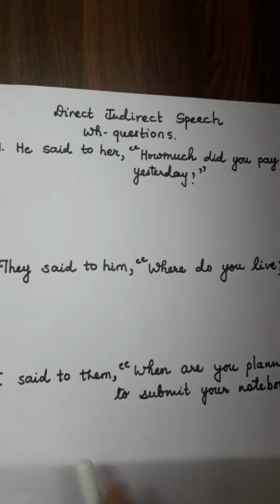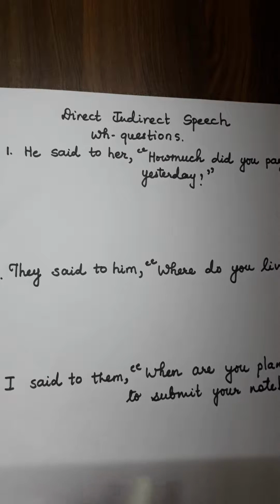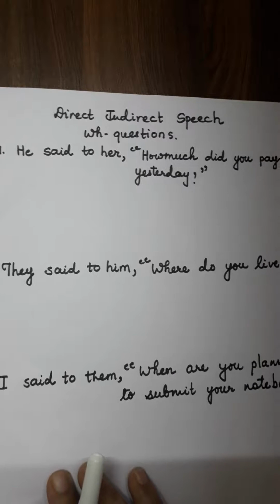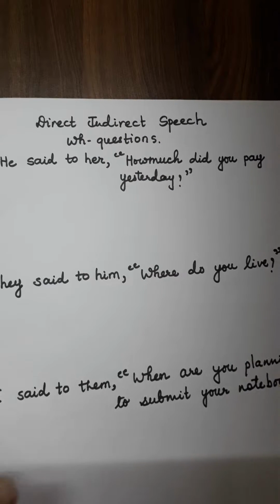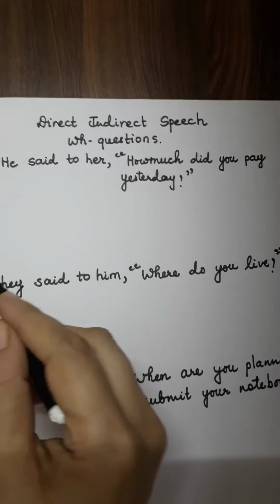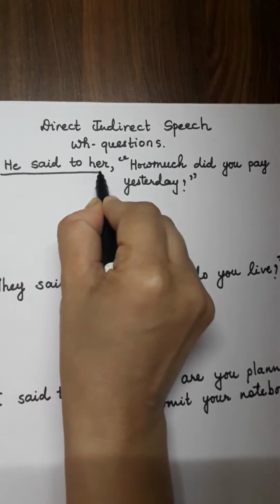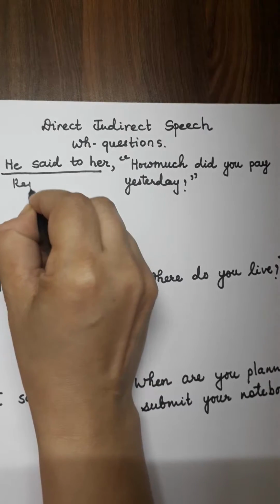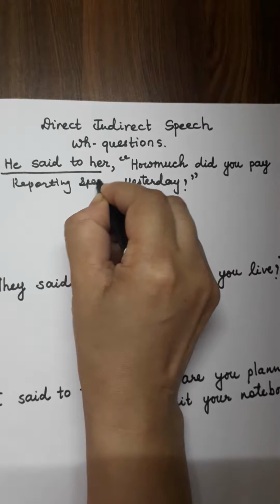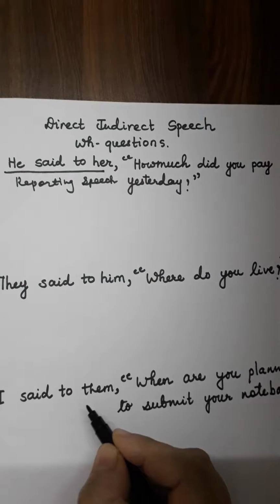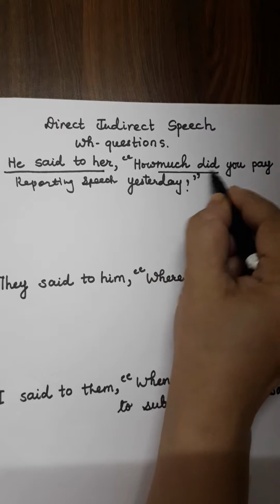So the first sentence here is given. The sentence is, he said to her, how much did you pay yesterday? Now, he said to her is our reporting speech. The sentence which is given between inverted commas is our reported speech.